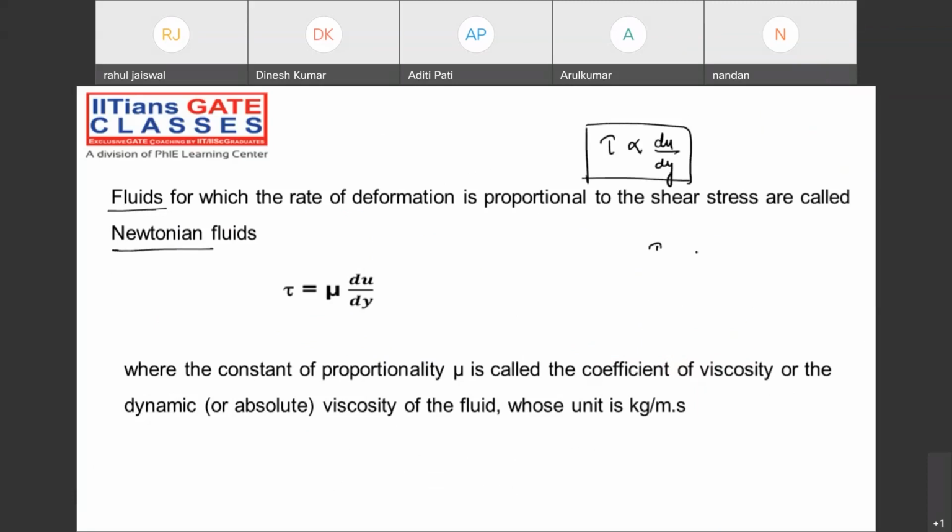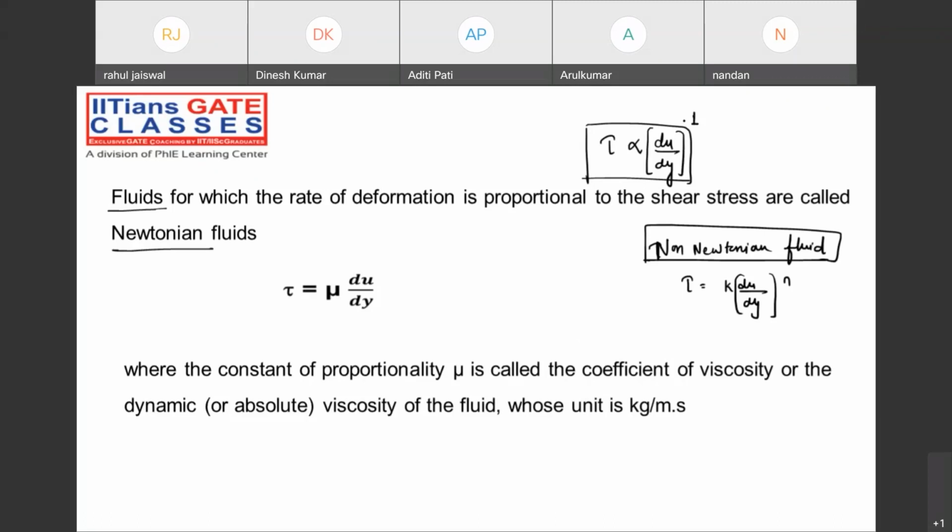But the fluids for which the shear stress is not directly proportional to the rate of deformation, we call non-Newtonian fluids. Something like this: tau equals k times du by dy to the power n. It's not directly proportional, not to the power 1.